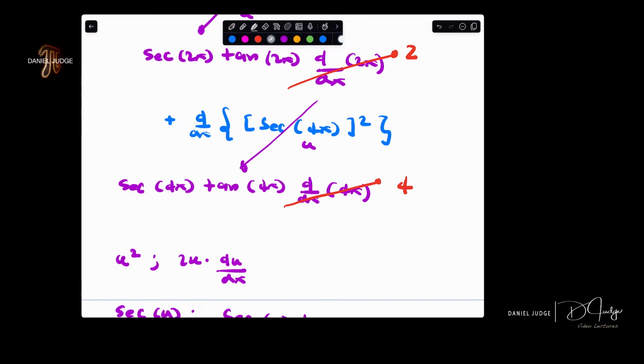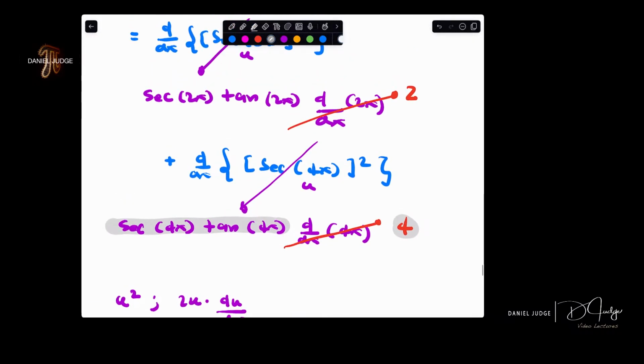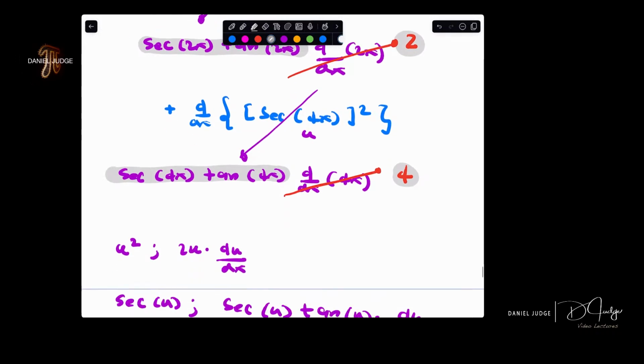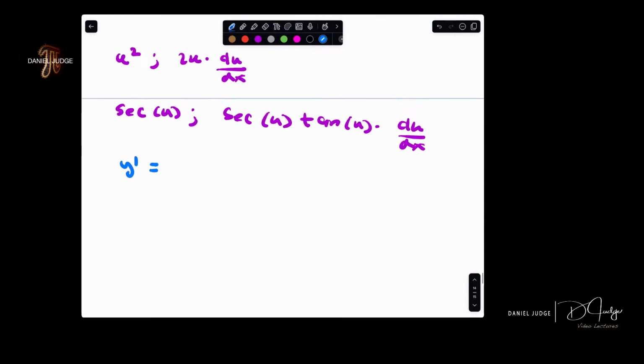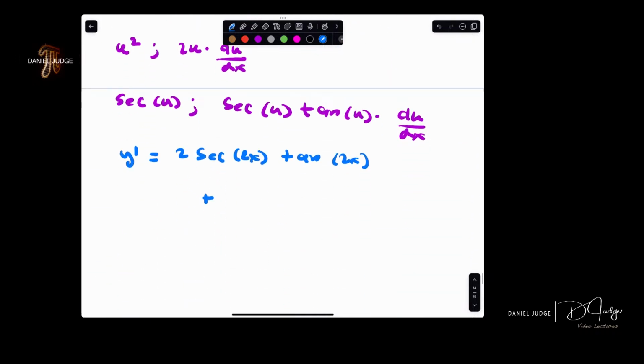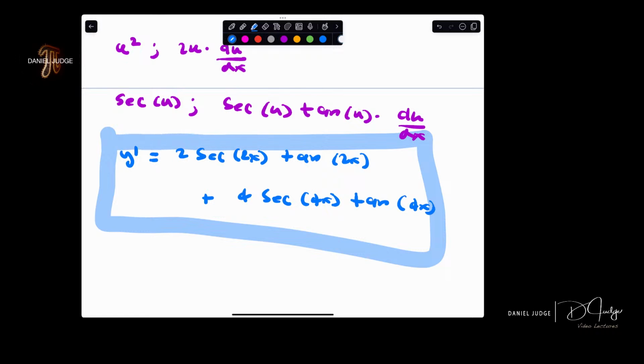Take a look here, there's all the gory details. y prime becomes 2 secant 2x tangent 2x plus 4 secant 4x tangent 4x. Ladies and gentlemen, there you go.